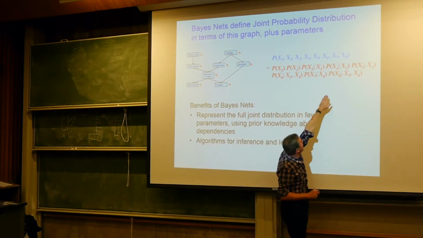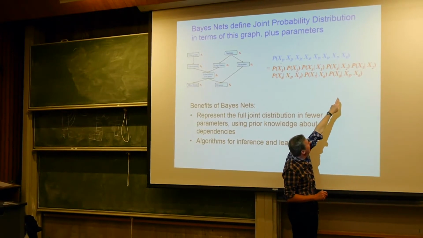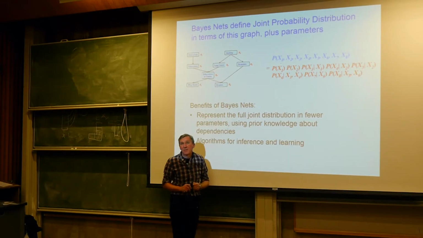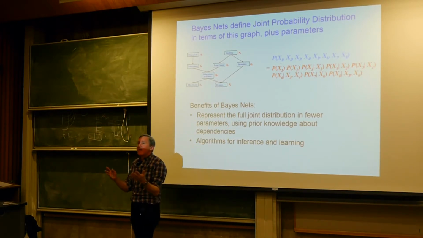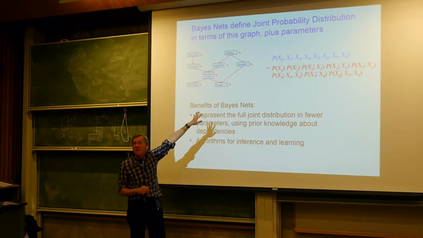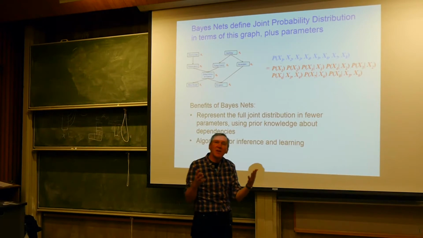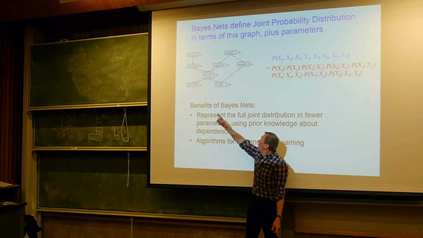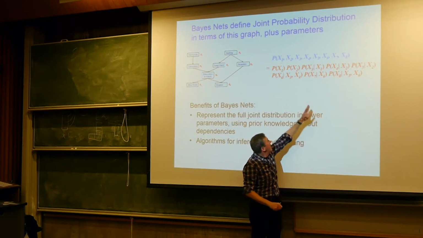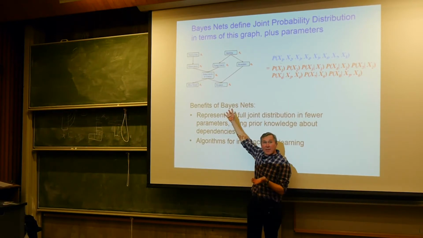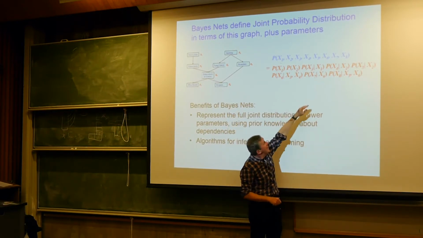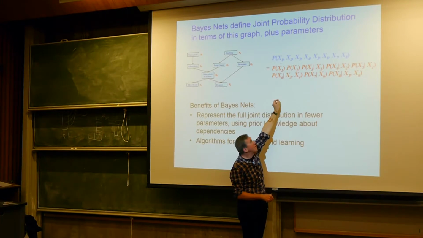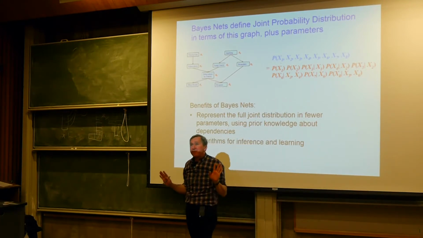So for example, that last term's the probability of x8 given x5 and x6. So the rule for a Bayes net is that if you write down a graph and directed edges among variables, effectively we interpret that as you saying, I can factor the joint distribution over all those variables into the product of n terms. If there are n variables, there will be exactly n terms. And each of those terms is the conditional probability of one of the variables in the graph, given just its immediate parents.